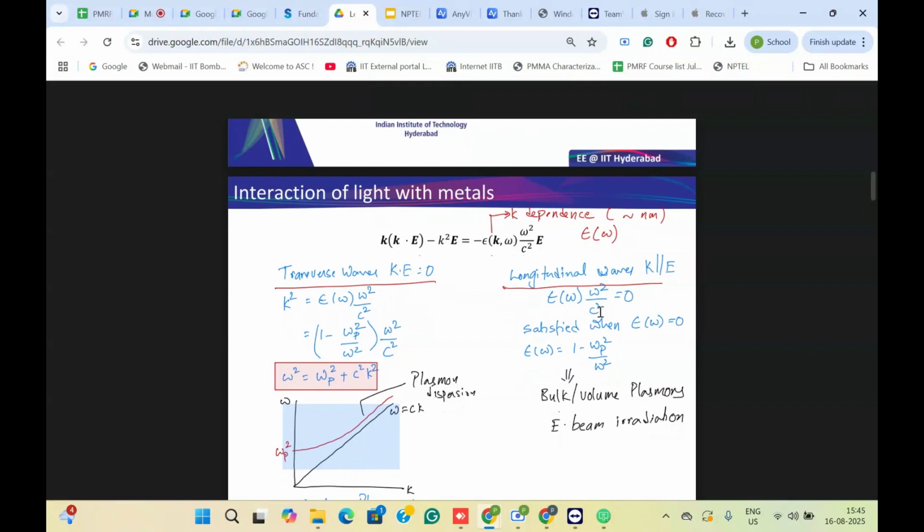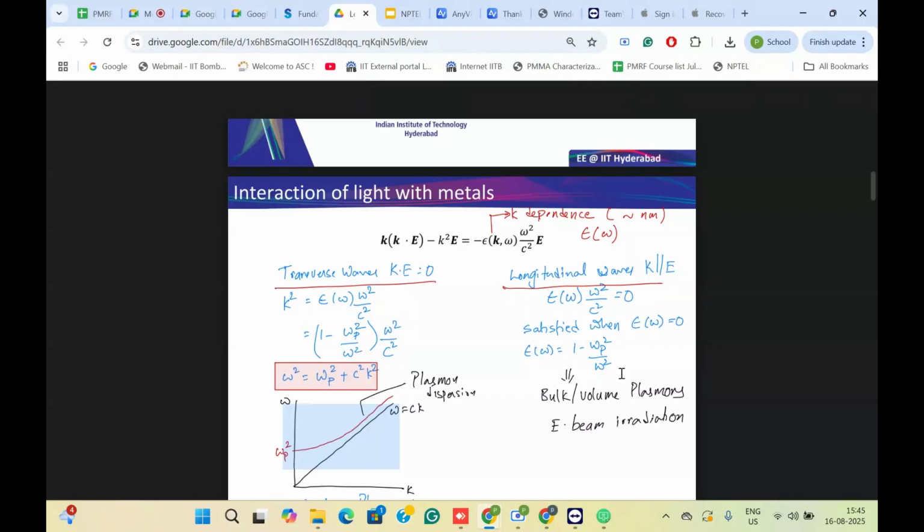The trivial solution is no frequency, because omega equals 0. This is valid. The non-trivial solution is epsilon omega equal to 0. This is for metals. We know that for metals epsilon omega equals 1 minus omega p square upon omega square. In this case we can excite what are known as bulk plasmons, or volume plasmons.